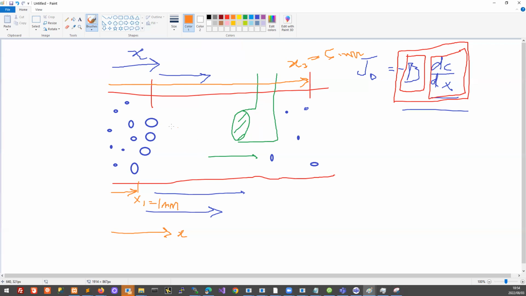So yeah, it's not just a sketch of arbitrary values. We have to specify the exact numbers, right? If you want to know the diffusion flux over a certain space, you have to define the width of that space, so X2 minus X1, and you have to define the concentration at those exact positions as well.